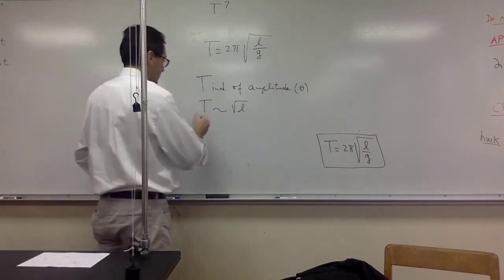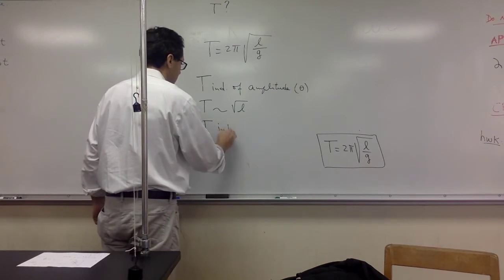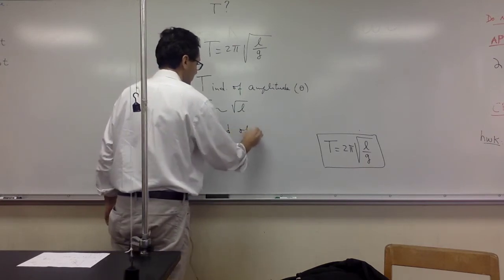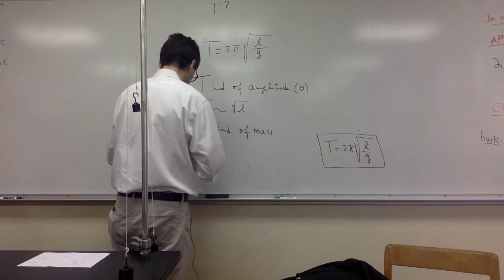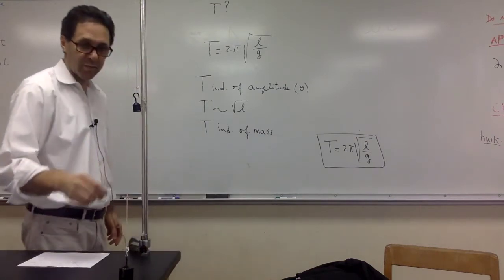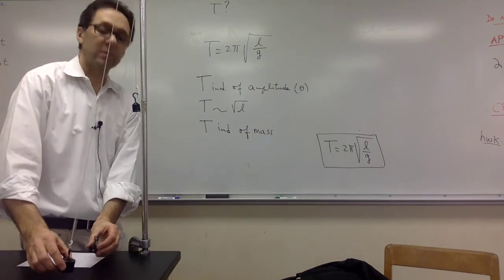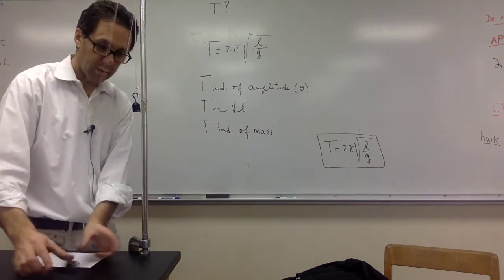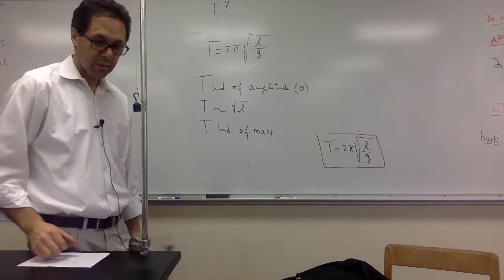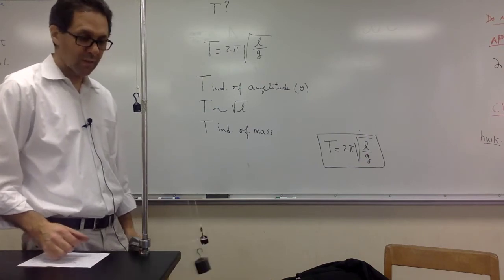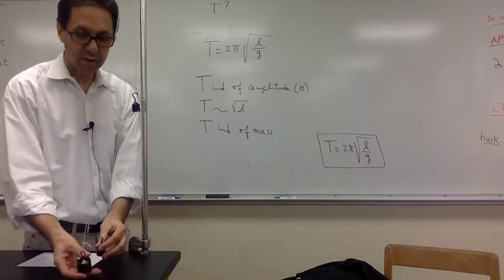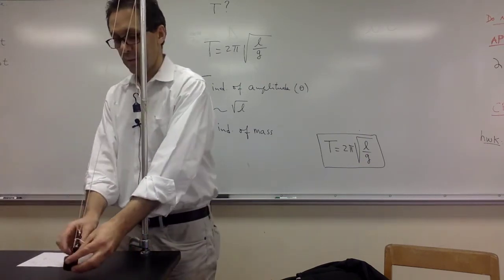And I can see that T is independent of mass. I think we talked about this in the past conceptually. So I'm going to pull these at about here and let them go. They should be in sync, right? And they are in sync, which means the mass doesn't matter for the most part, though I didn't do it at exactly the same angle.